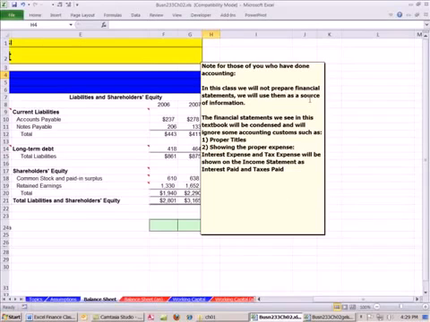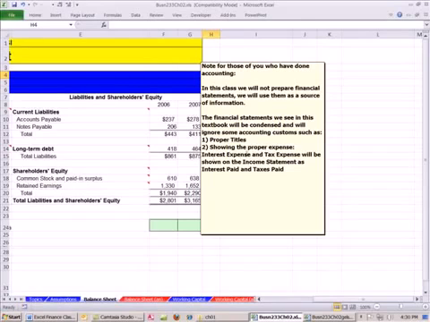In this class, we will not prepare financial statements. We will use them as a source of information. Actually, that's not quite true. We're going to do really basic financial statements with condensed numbers that finance people would use. The financial statements we see in this textbook will be condensed, and we'll ignore such things as proper titles and showing the proper expenses.